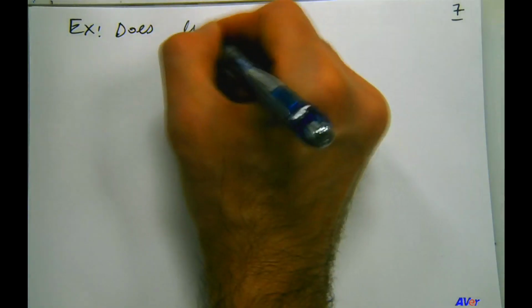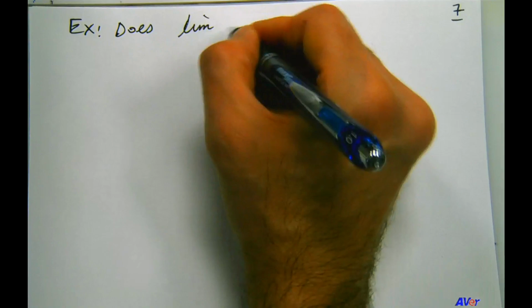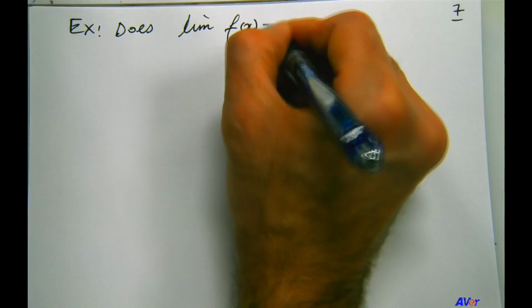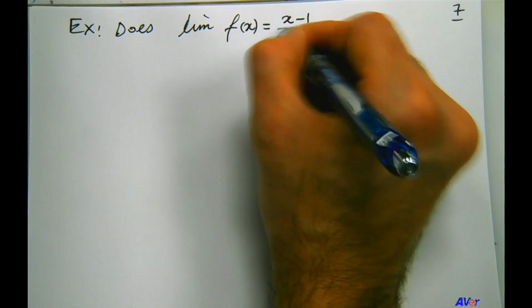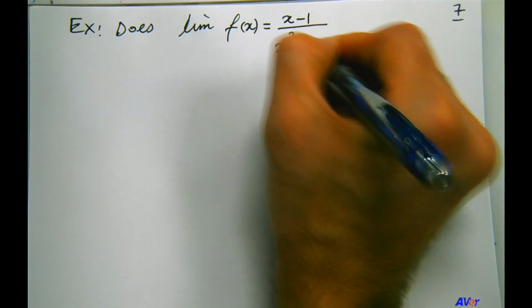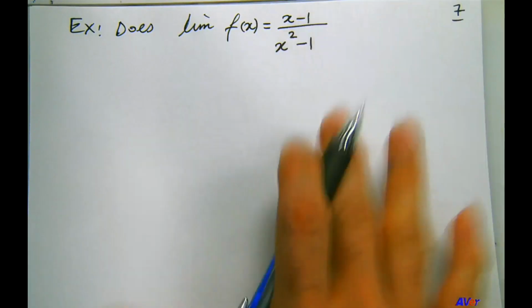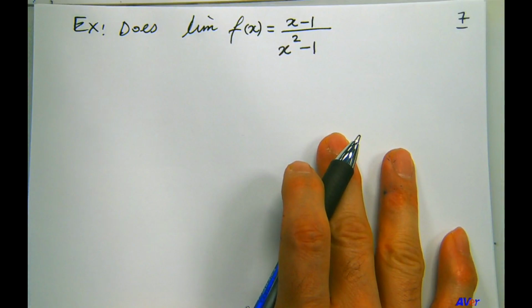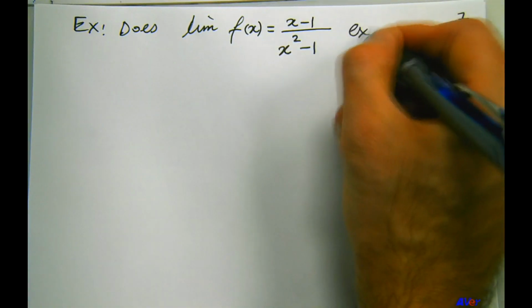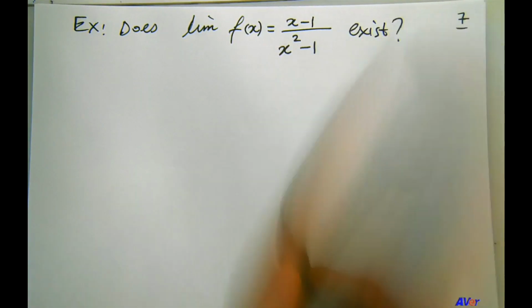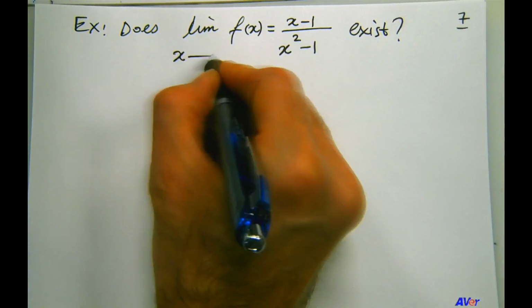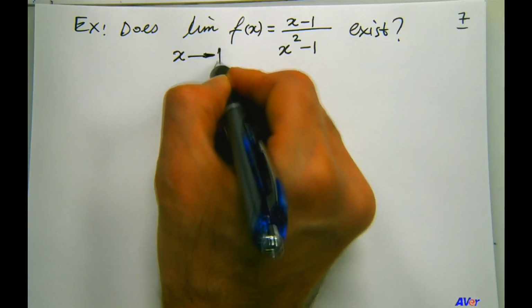We ask, does the limit of the function f of x equals x minus 1 divided by x squared minus 1 exist, of course, as x approaches 1?